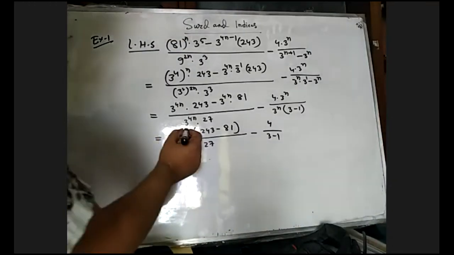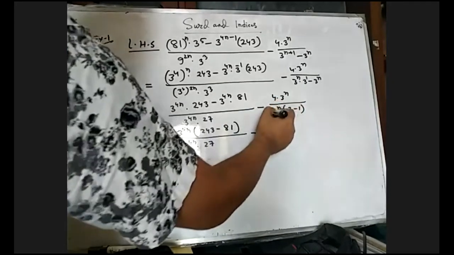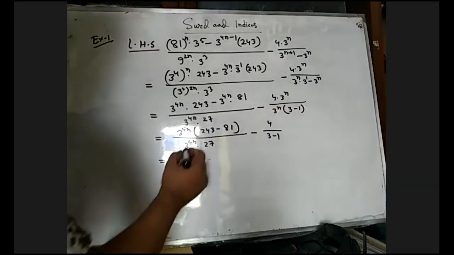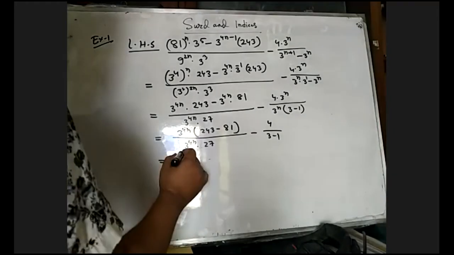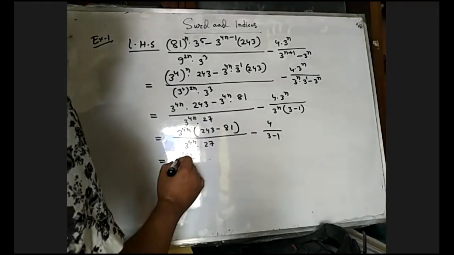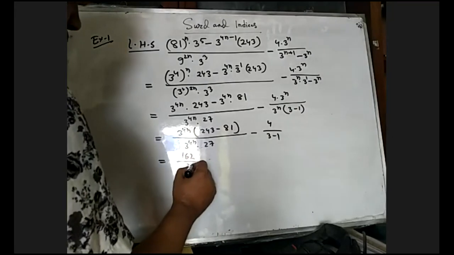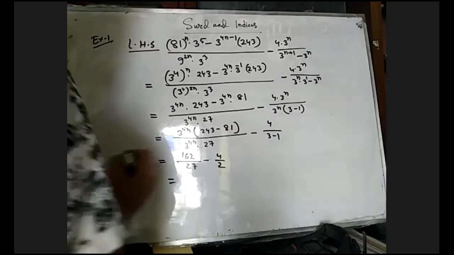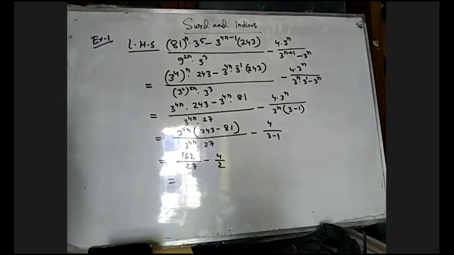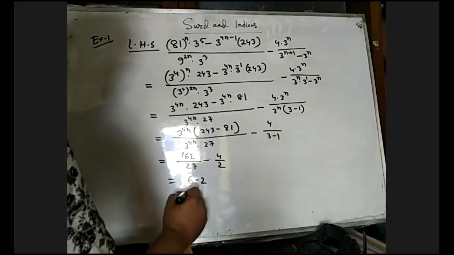So this 3 to the power 4n and this 3 to the power 4n will be cancelled, and 3 to the power n, 3 to the power n will be cancelled. So we get 243 minus 81 equals 162, divided by 27 minus 4 divided by 2. This equals 162 divided by 27 means 6, minus 2. This equals 4.